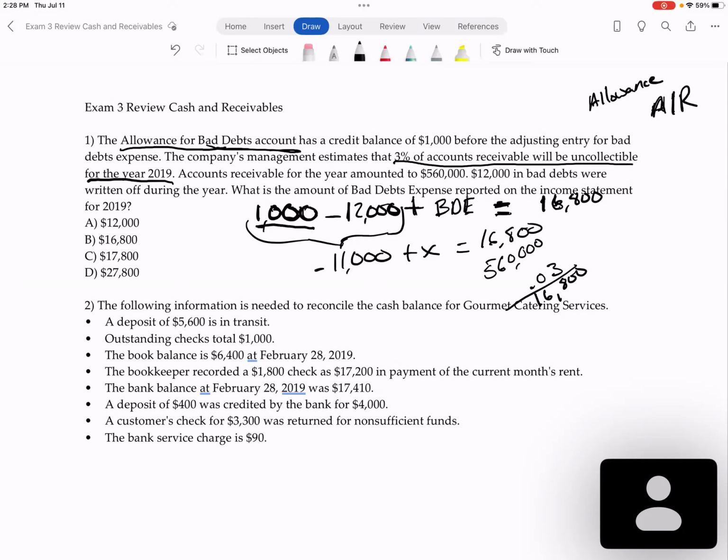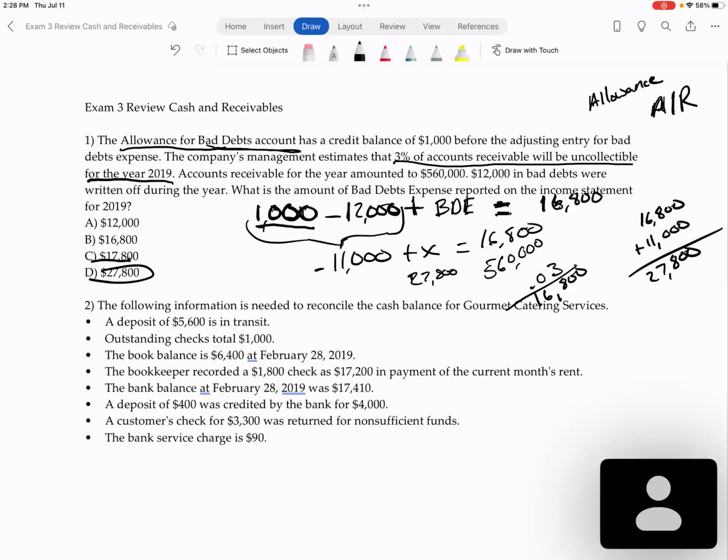So 16,800 plus 11,000 is 27,800. So negative 11,000 plus 27,800 will give us the 16,800. And so that is our answer, 27,800.